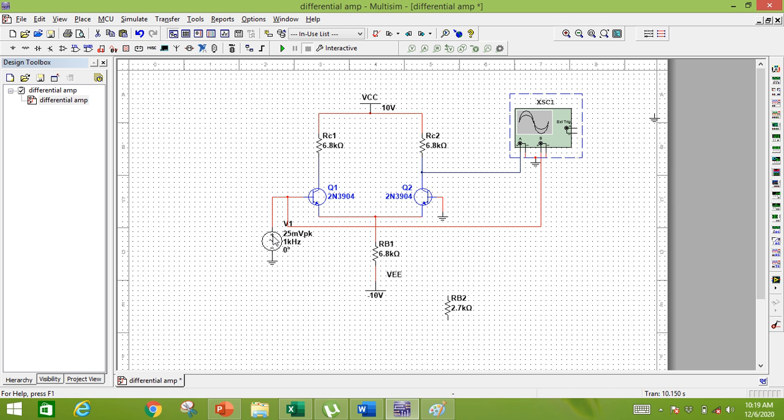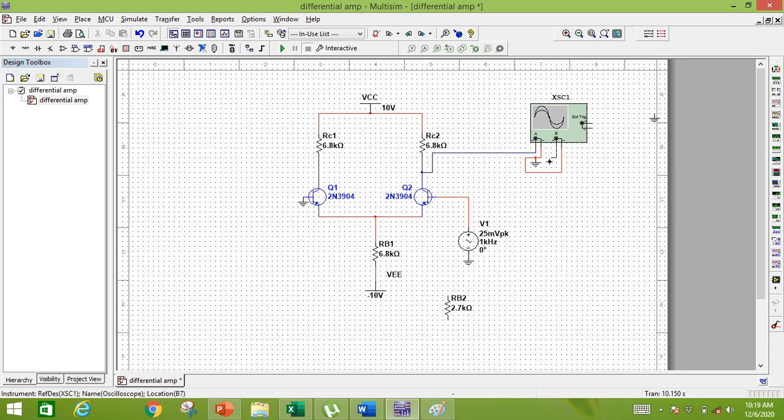Now let's suppose I am applying the signal at the base of Q2 while I am grounding the base of Q1. Now let me observe the output.